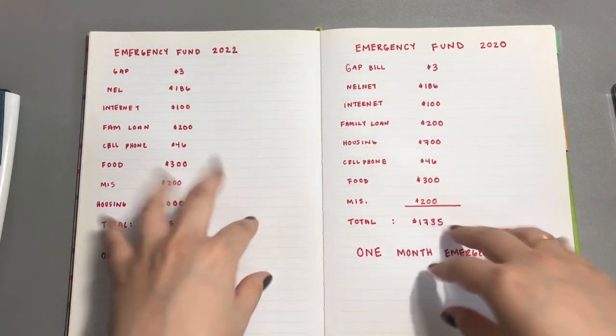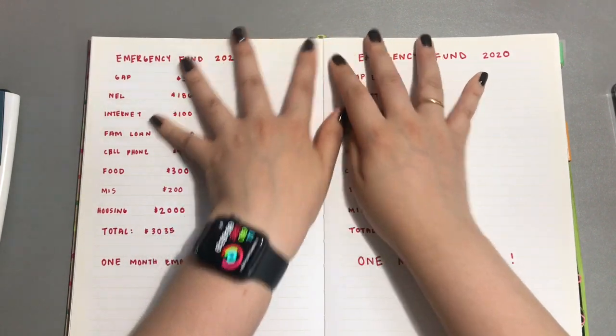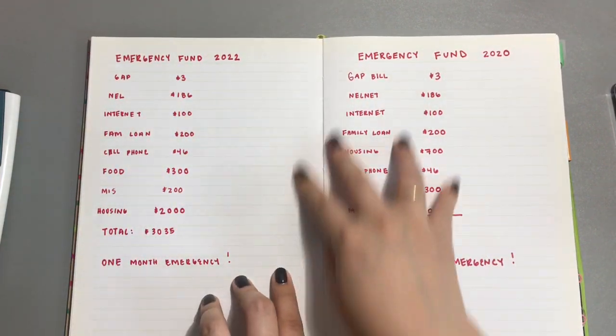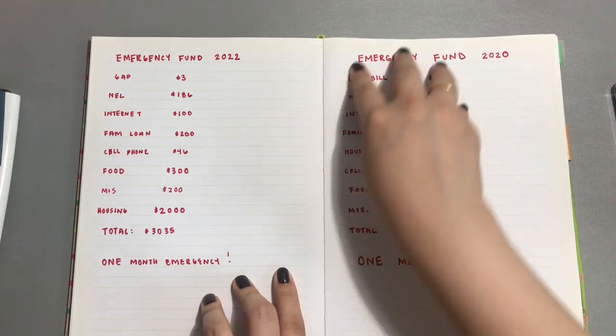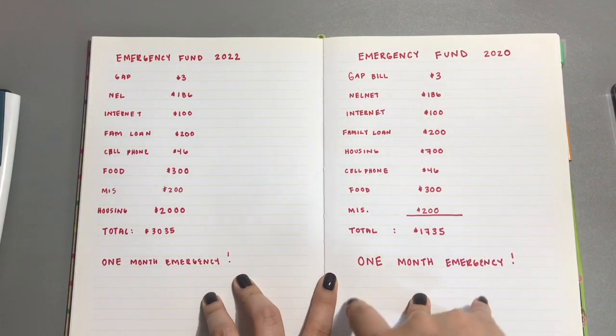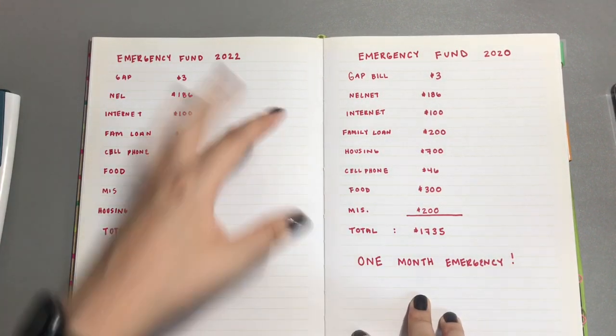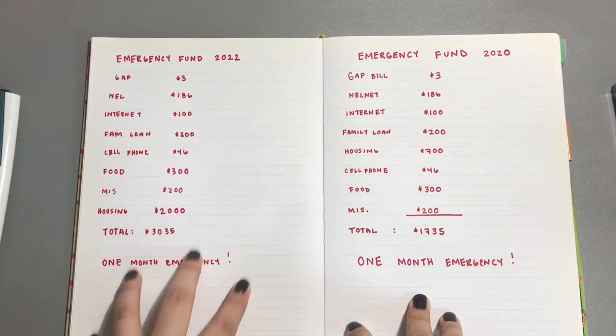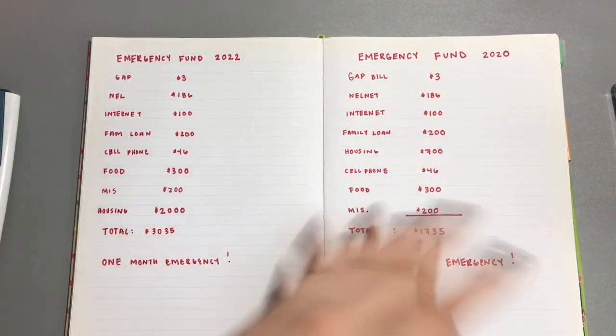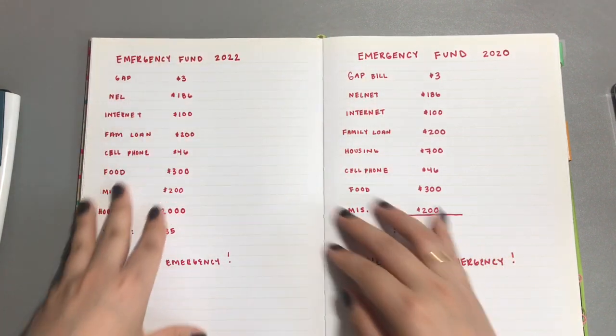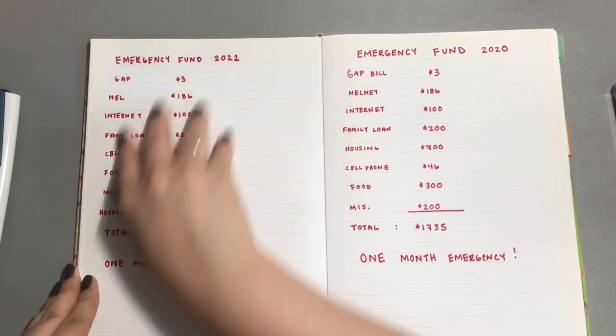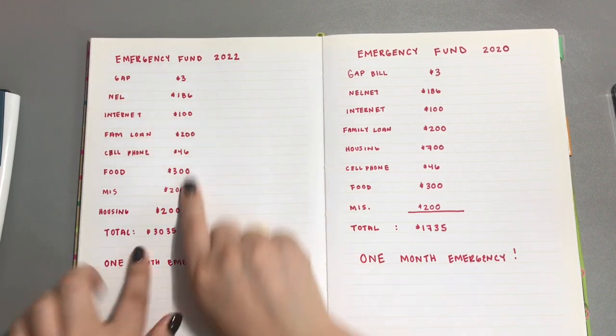So this was setting up my emergency fund, how I calculated it. By all means, you can just do the basic minimum of what your current situation is, but I like to plan ahead always. So this gives me another focus. Once this is accomplished, it's not that I'm done. I still need to work towards when I finally own my home, and it would be around this much for an emergency fund.